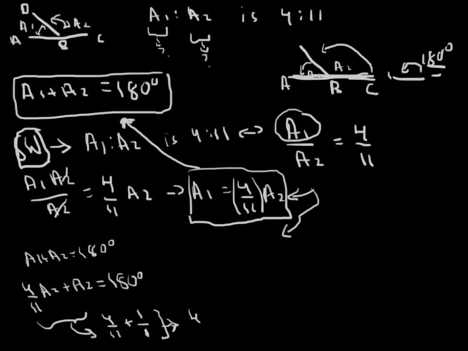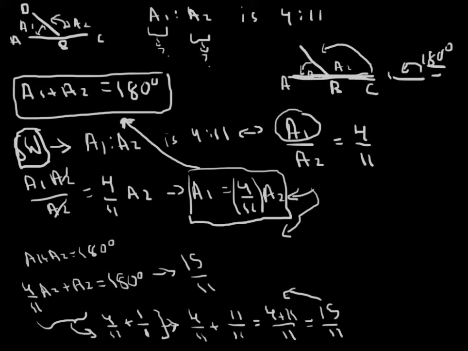So 4 over 11 plus, we multiplied the bottom by 11, now we multiply the top by 11. Now that we have same denominators, we can just add the top. It's equal to 15 over 11. So 4 over 11 of A2 plus 1 A2 is really 15 over 11 A2, equal to 180 degrees.